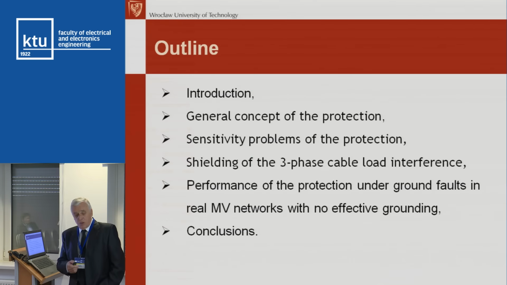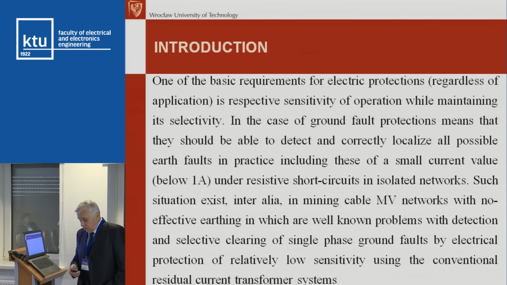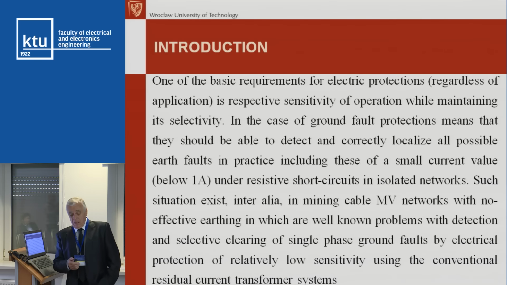The first is introduction, next the general concept of the protection, sensitivity problems of the protection, shielding on three-phase cable load interference, performance of the protection on the ground faults in real middle voltage networks with no effective grounding, and the conclusions.